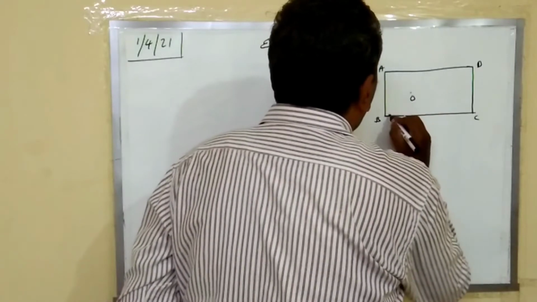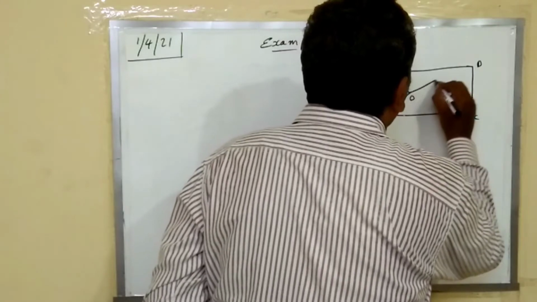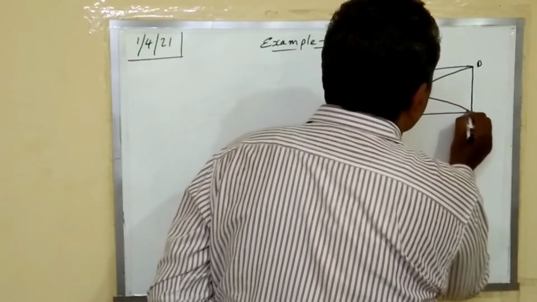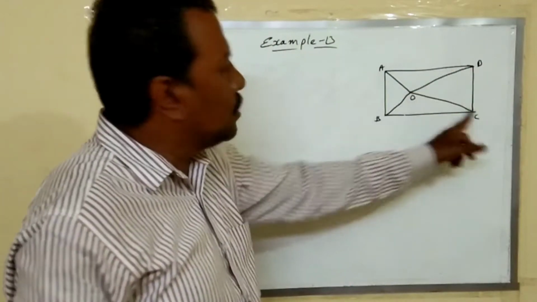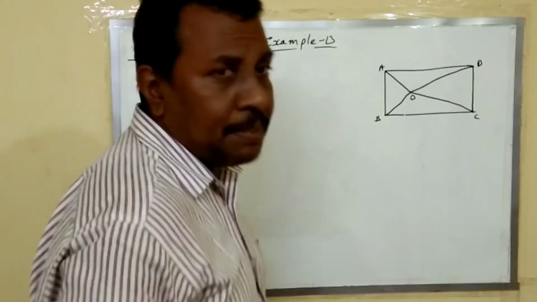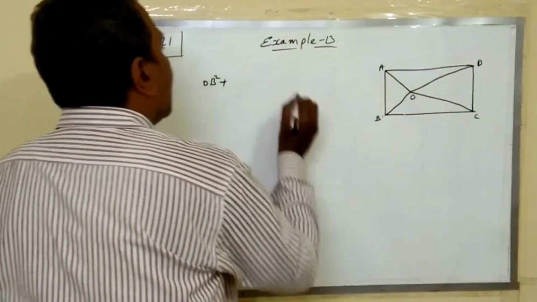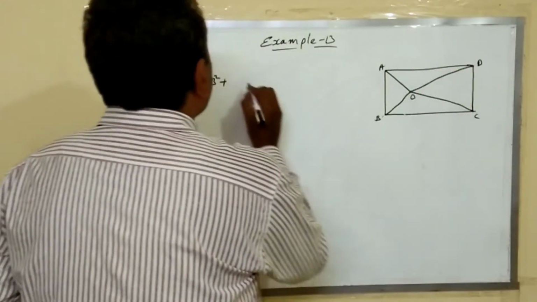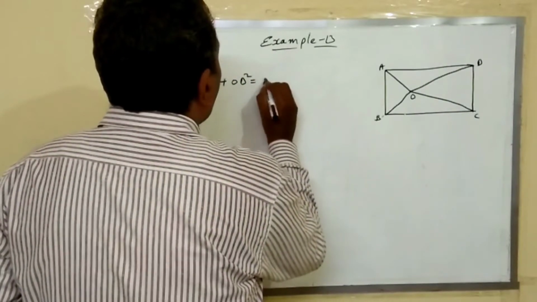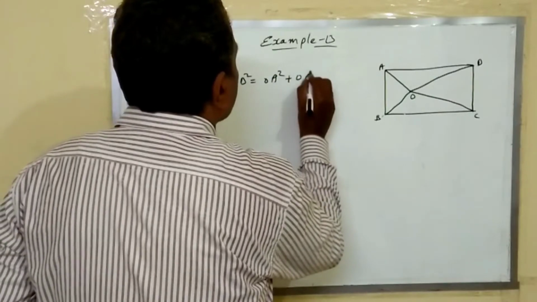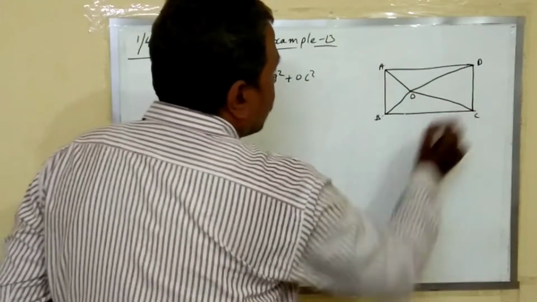Now I am joining OB, OA, OD and OC. Now the concept is OB square plus OD square is equal to OA square plus OC square.